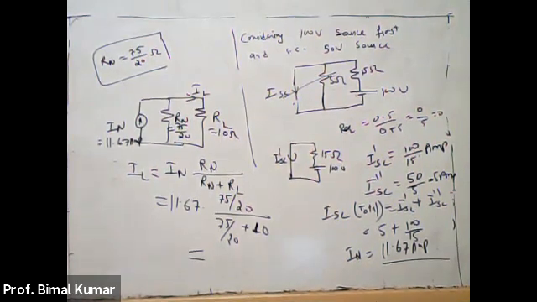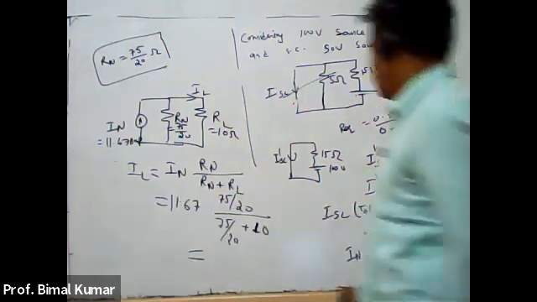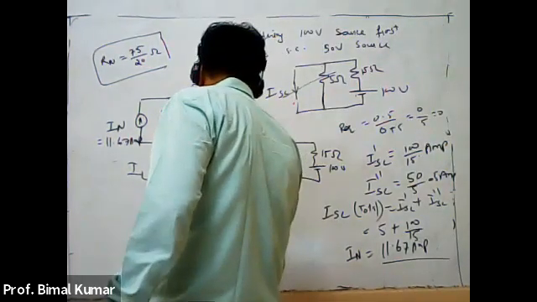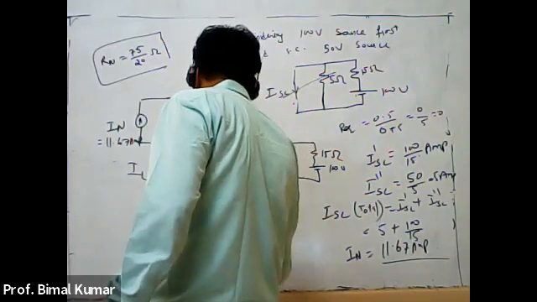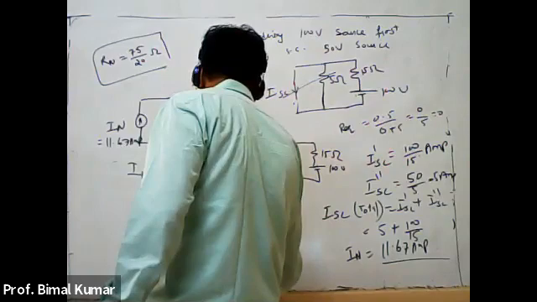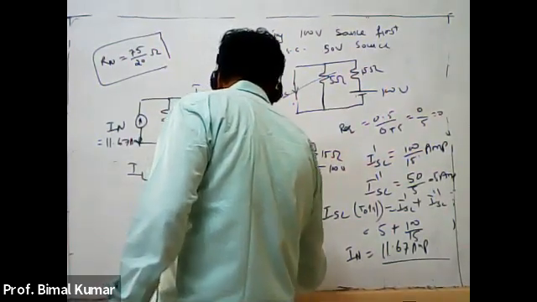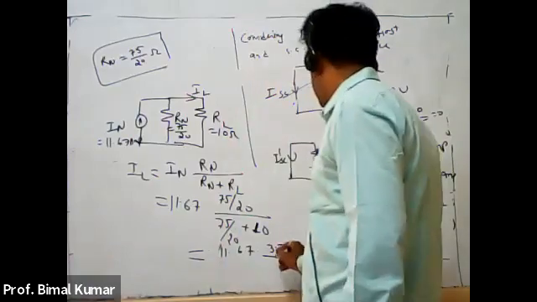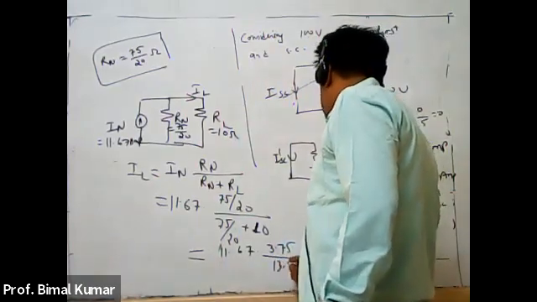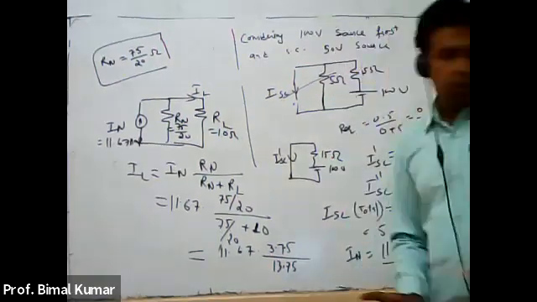This 75 by 20 is equal to 3.75, right? So this will be 11.67 into 3.75 divided by 3.75 plus 10, 13.75, right? So you may calculate it.